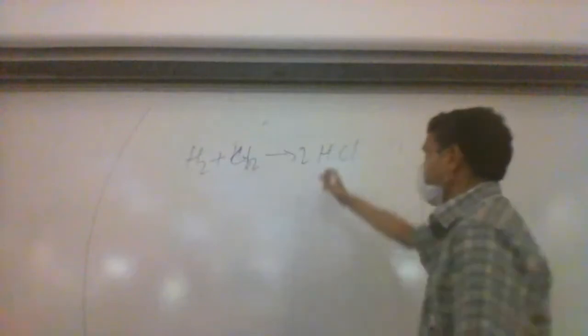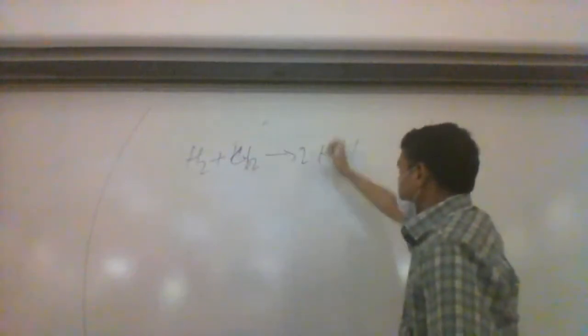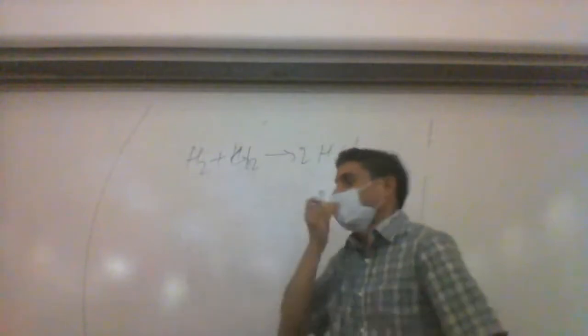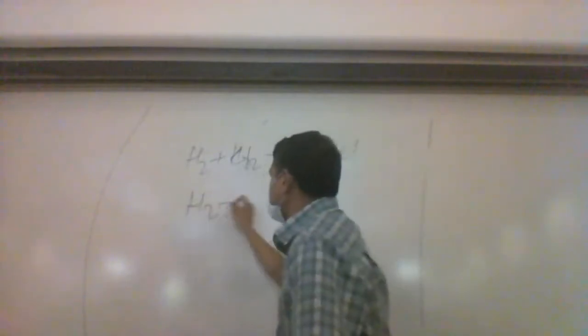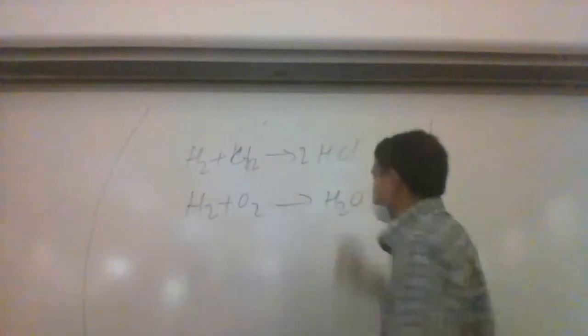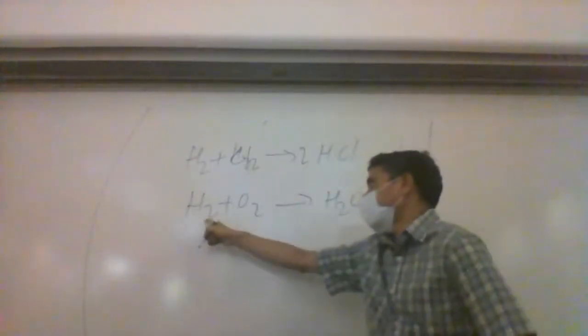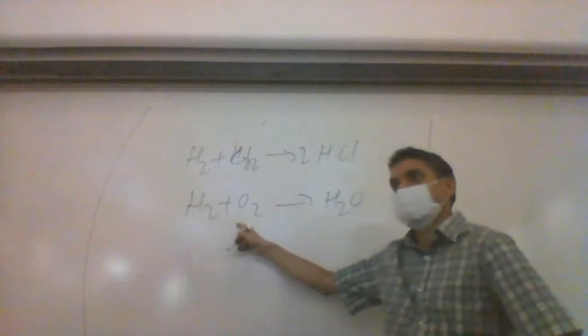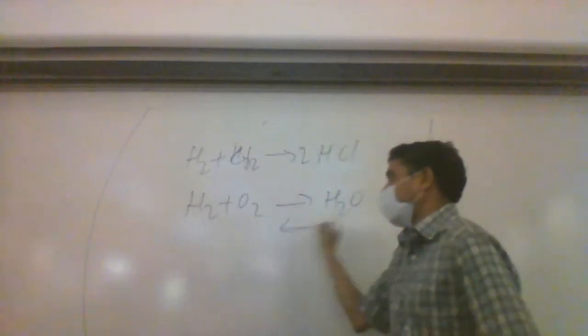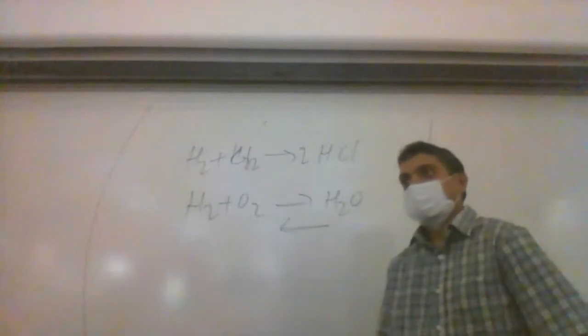The product molecule is not going to break to give H2 and F2 back to itself. For example, H2 plus O2: if you burn hydrogen in oxygen, you get 100% water. There is not going to be any hydrogen and oxygen left here. Completely water is formed, and water itself cannot break to give hydrogen and oxygen.